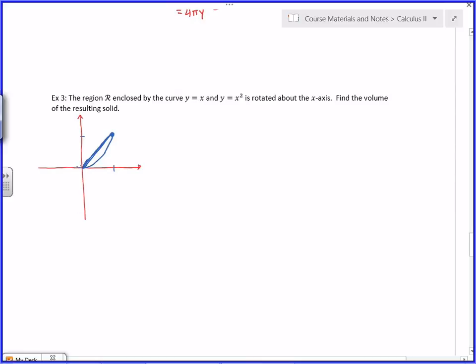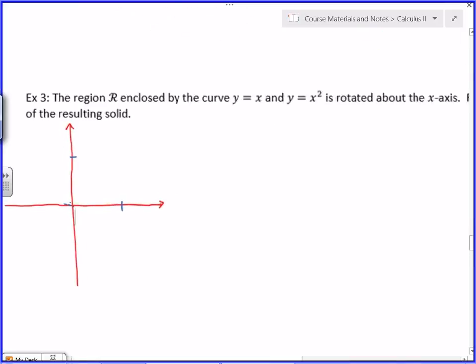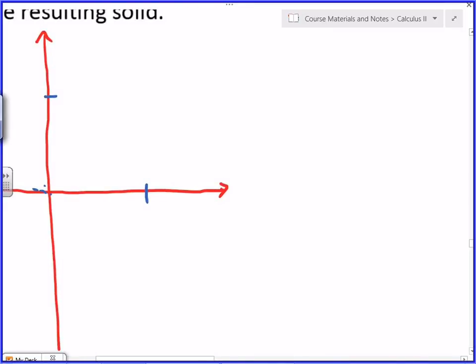Actually, I want to get that even better. I don't like that. I'm going to have to be using this a lot. What if I zoom way in? Ooh, look at there. Okay, so straight line. Much better. Okay. So there's my region R.